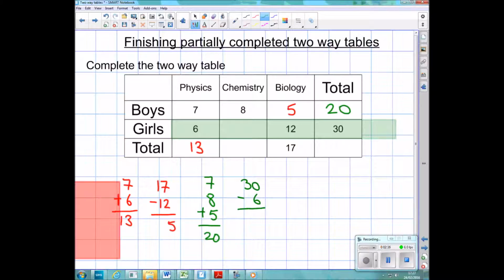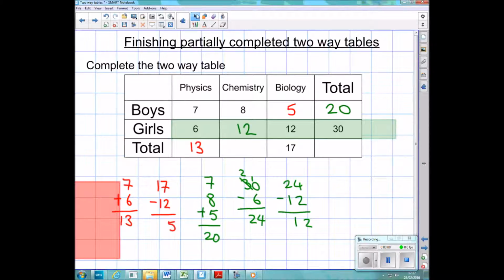I can't do 0 take away 6, so I need to borrow. 10 take away 6 is 4, 2 take away 0 is 2, so I'm left with 24. But remember, I've got 1 more number I need to take away, and that's 12. So 24 take away 12: 4 take away 2 is 2, 2 take away 1 is 1, so I end up with 12.